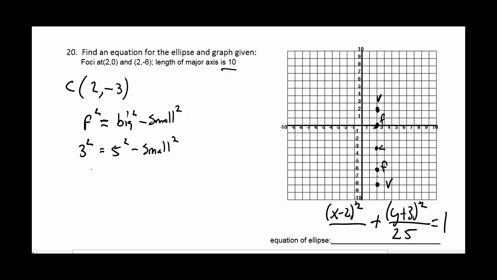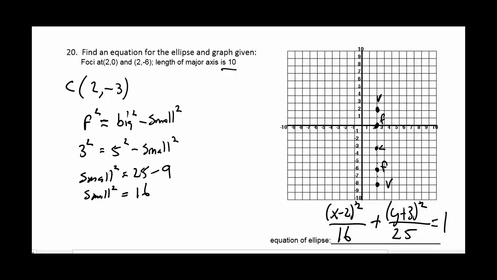Let me swap that out. So the small number squared is 25 minus 9, which would be 16. Okay, so that's the number that goes underneath that.